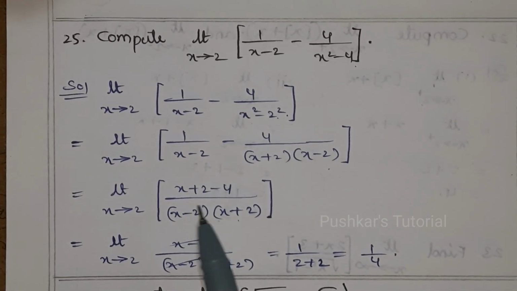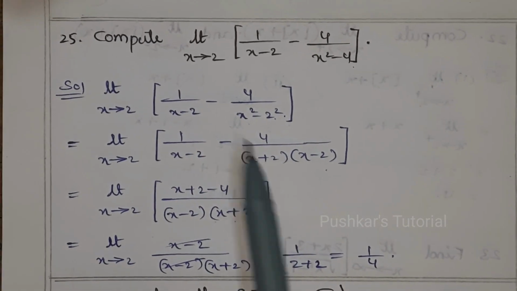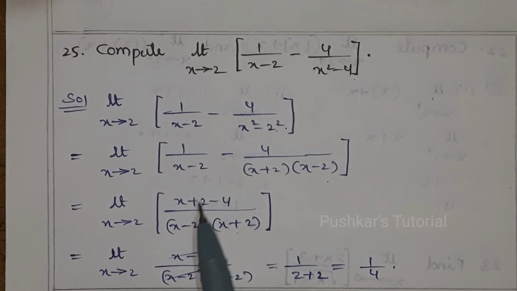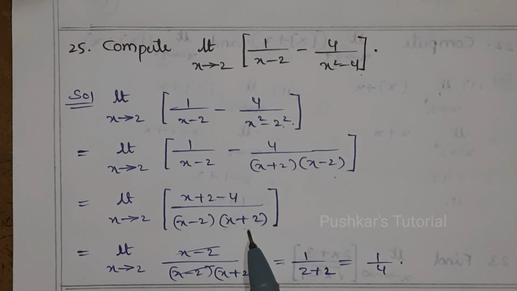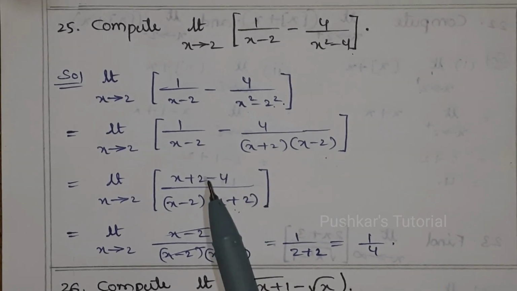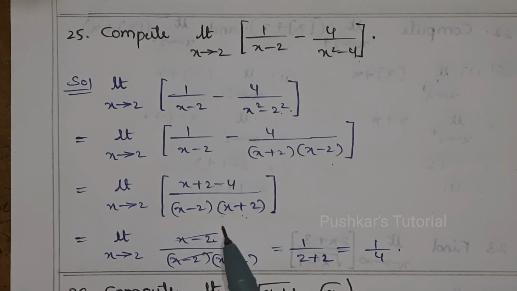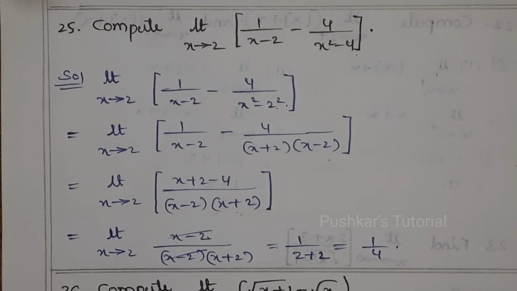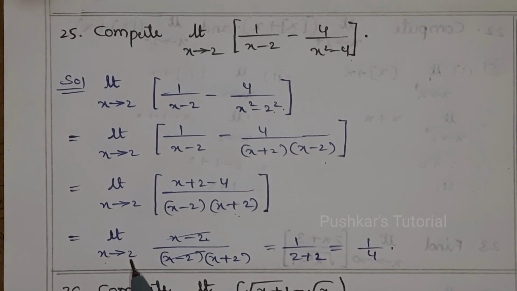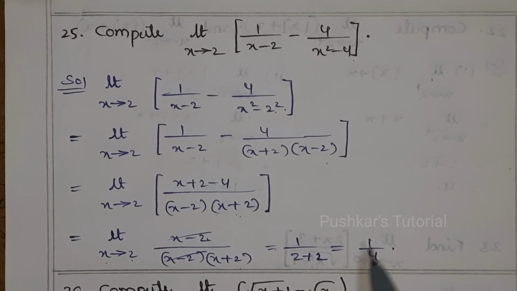So here all the x minus 2 is covered. What is not covered? x plus 2 is not covered. So x plus 2 into 1, x plus 2. Here everything is covered in the denominator, so no need to multiply the 4, as it is 4. So x plus 2 minus 4, the answer is x minus 2. Then x minus 2 gets cancelled. Wherever x is there we have to put 2. So 2 plus 2, 4. The answer is 1 by 4.